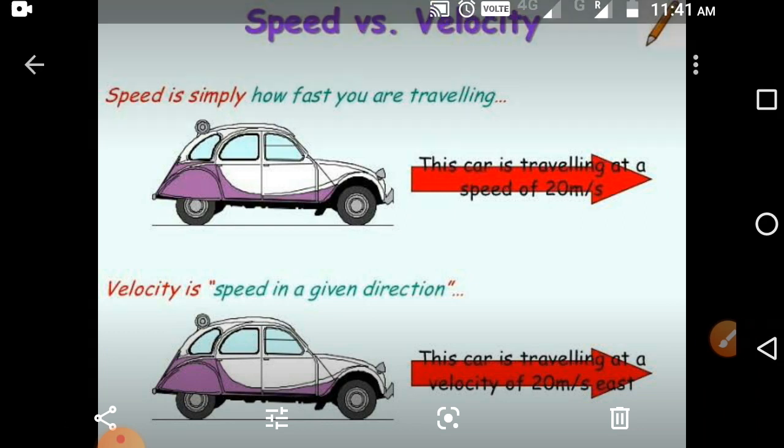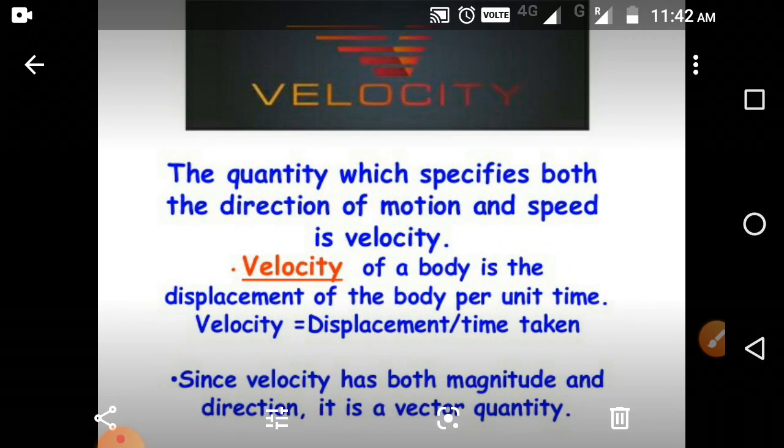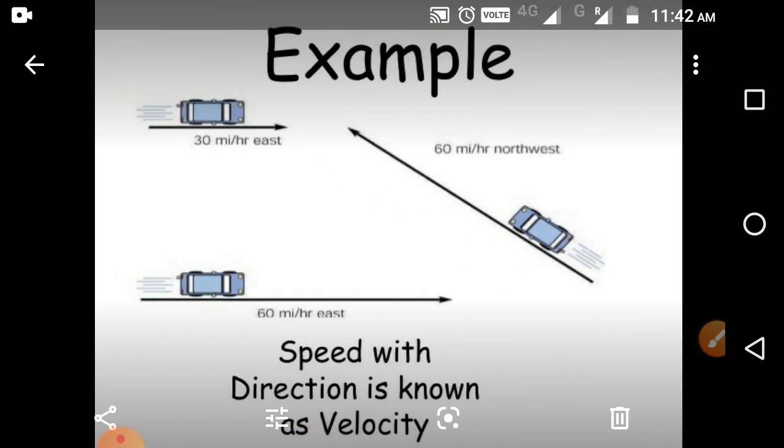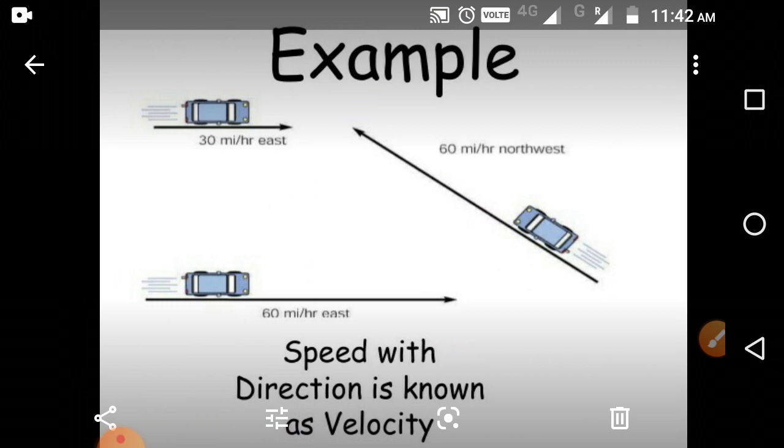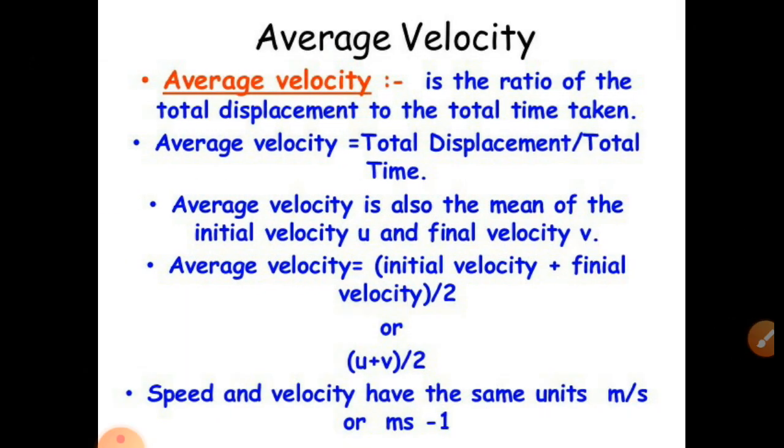Clear? Now we can go for the equations of velocity. We discussed what velocity is. Velocity is the ratio of displacement divided by time, and it has a direction. Now we are moving to find the average velocity.